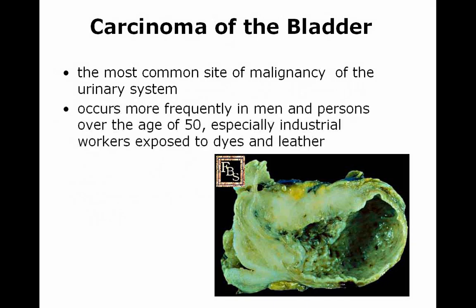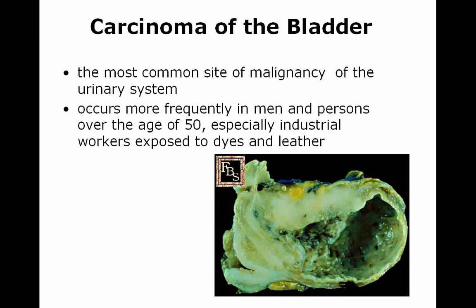Here's a picture of carcinoma of the bladder, which is the most common site of malignancy in the urinary system. A person could have just a tumor of the bladder that is benign, but the tumor may be cancerous, and it may metastasize before it's even identified.